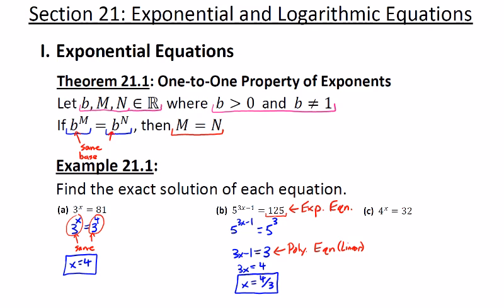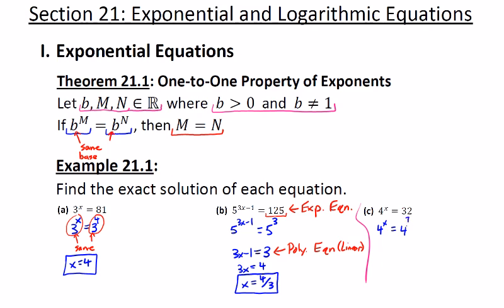So let's try it one more time here with part C. We have 4 to the x is equal to 32. So if I do the same thing that I've done on part A and part B, then I would leave 4 to the x alone, and I would work on coming up with a way to get 32 written as 4 to the something.